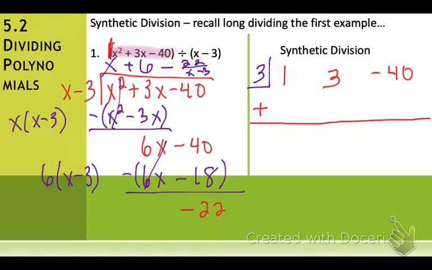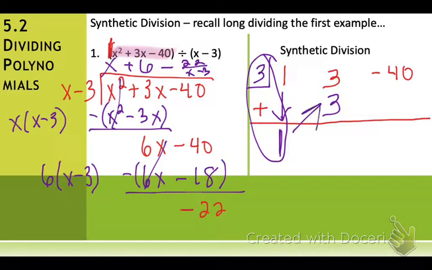All right, so first thing we do is take this first thing and just drop it down. 1. That is the first coefficient of our answer. You can actually see it here, 1x. Then I'm going to take the 3 times the 1, which is 3. Multiply those two things together and put it there.